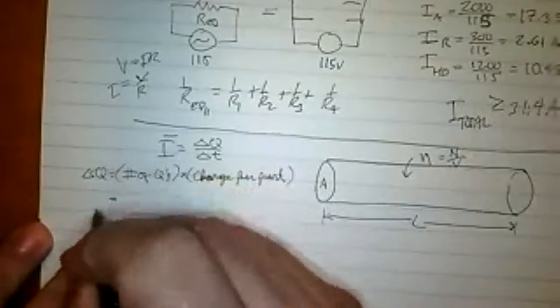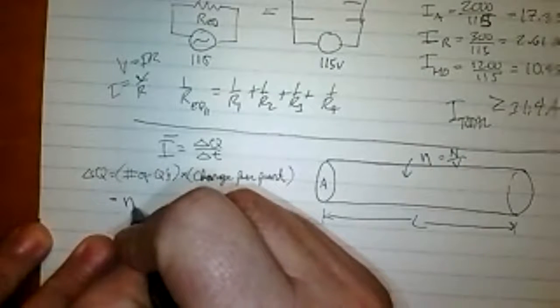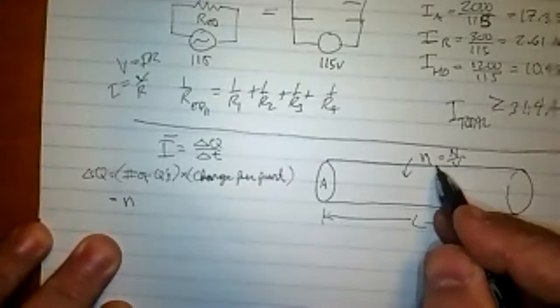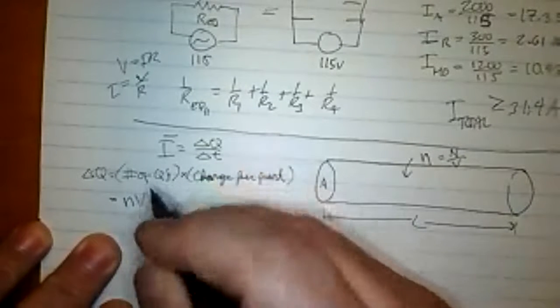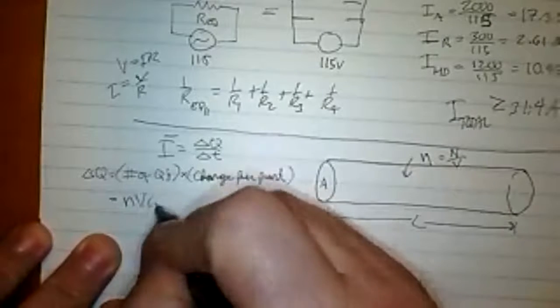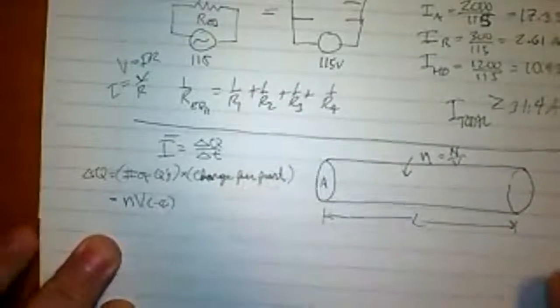So I can say this delta Q is going to be little n, as I defined right there, times big V. And then I've got to multiply that by the negative e, which is the charge of the electron.